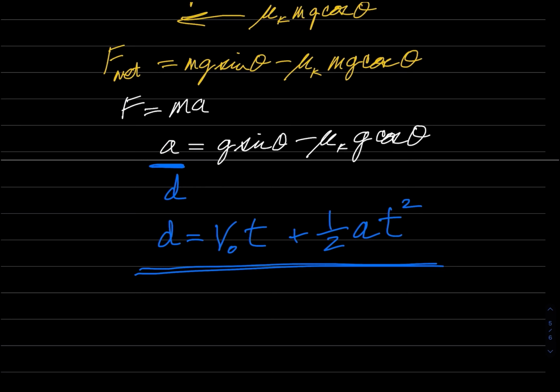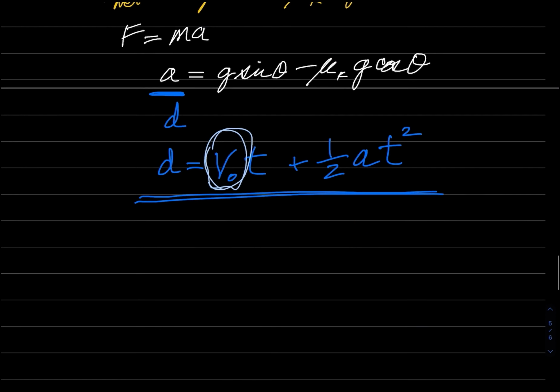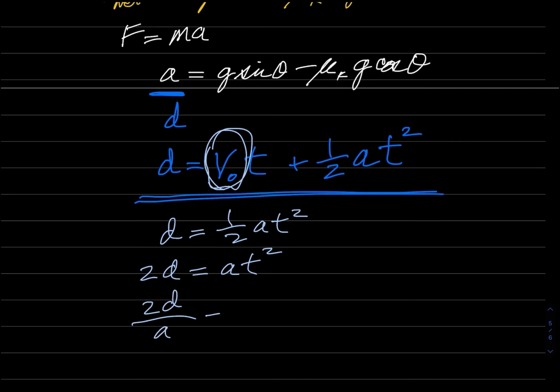Well, v sub 0 is 0 because the mass begins with no velocity. So we have d equals 1/2 a t squared, and 2d equals a t squared. 2d over a equals t squared, and t equals the square root of 2d over a.